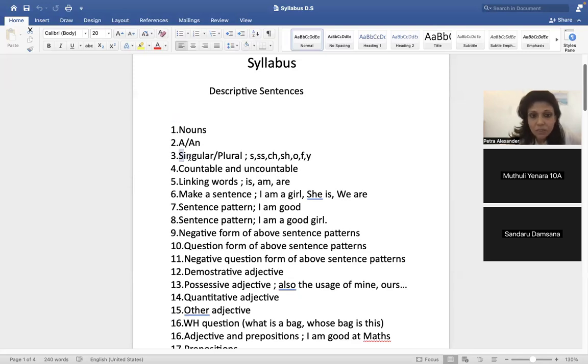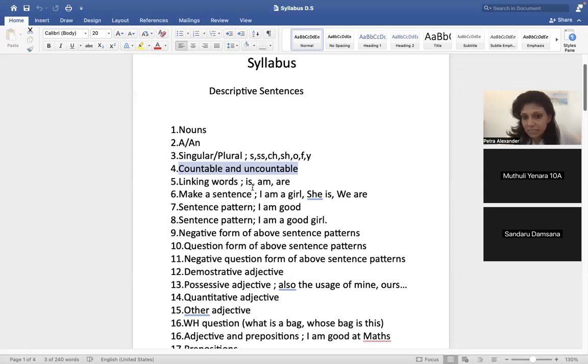Then you have to know singular, plural, and the rules, singular, plural rules. You have to know what the countable and uncountable nouns are. Next is small children.